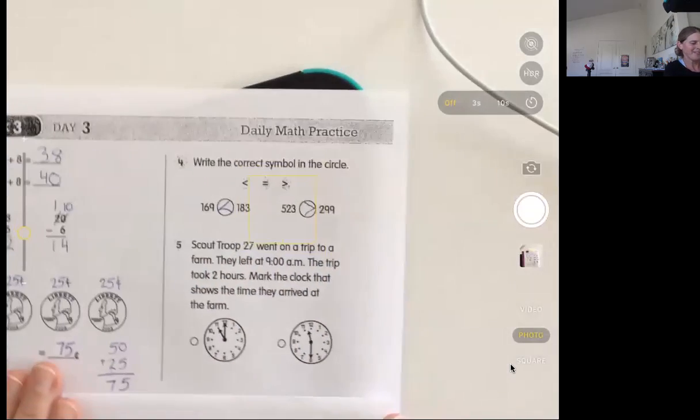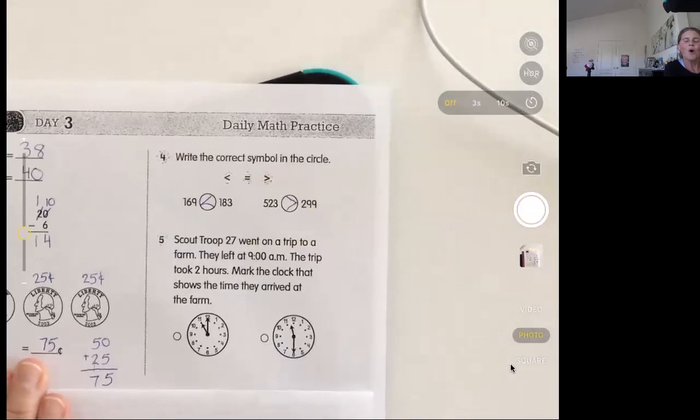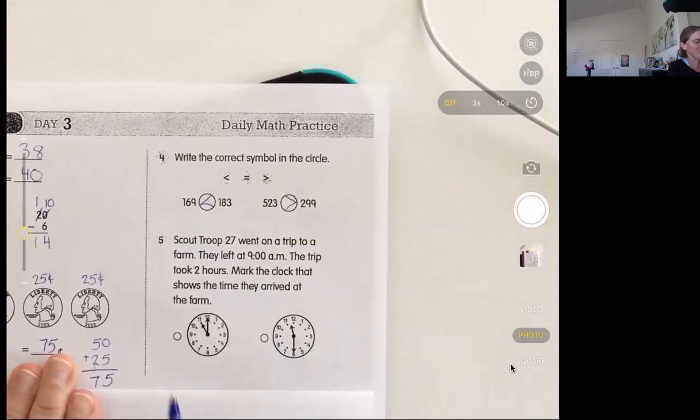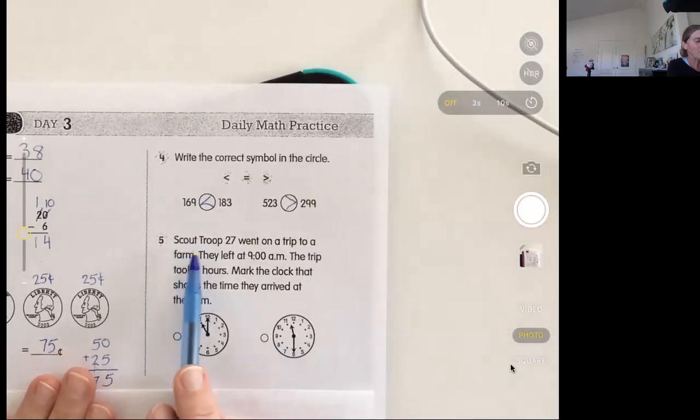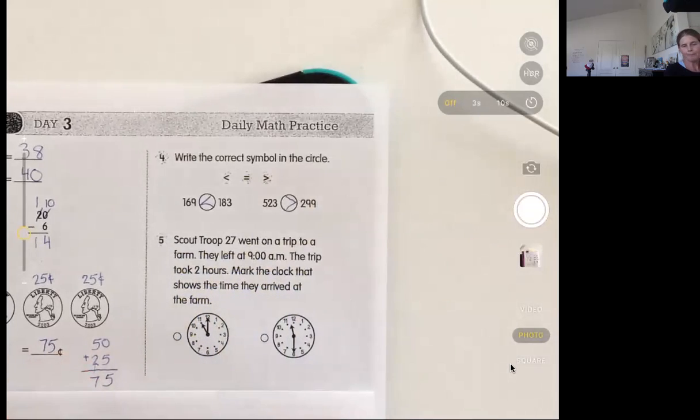Okay? All right, we're always going to end with a word problem. Here we go, number 5. Scout Troop 27 went on a trip to a farm. They left at 9 a.m. The trip took 2 hours. Mark the clock that shows the time they arrived at the farm.